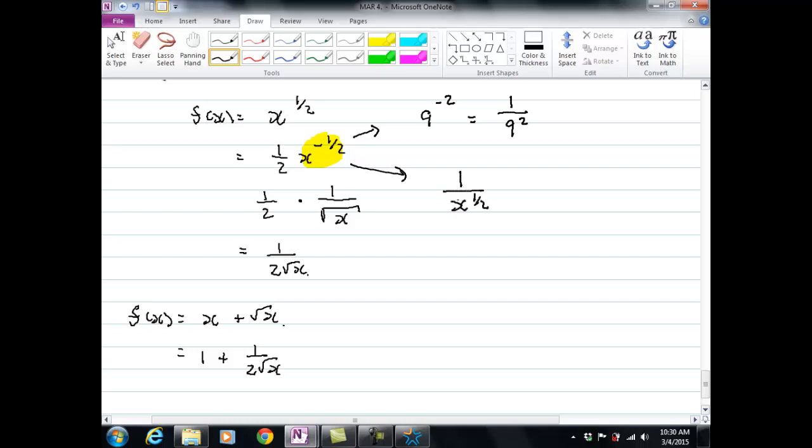Agree? X to the power of 1/2 really is root x, so that's 1 over root x. Why are you multiplying it with the other 1/2? Because the power rule states, I bring this to the front, 1/2 x, then I subtract 1. So there's really a 1/2 here already. So this blue part is here.